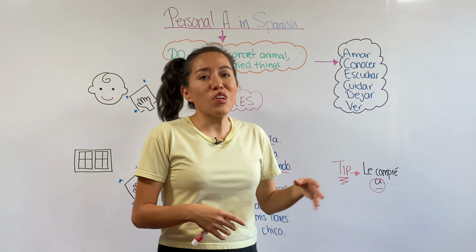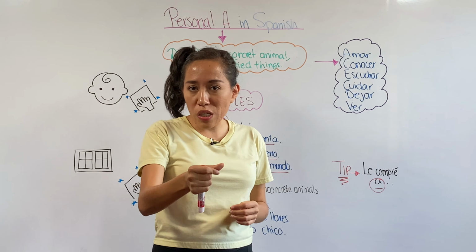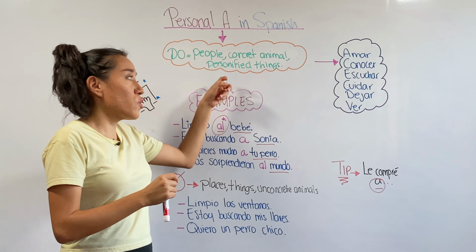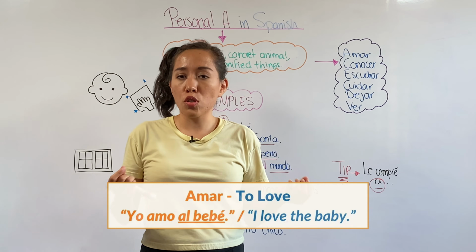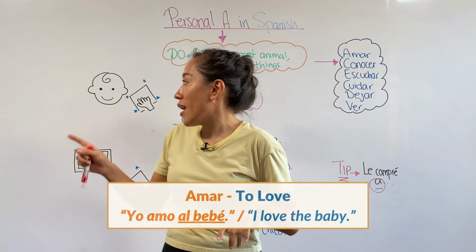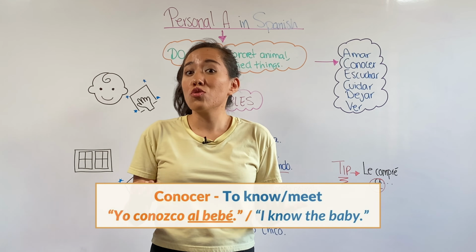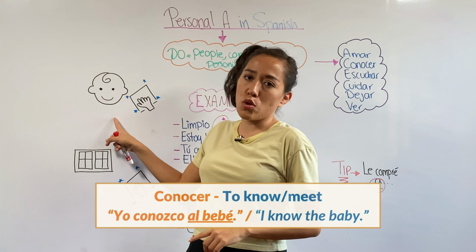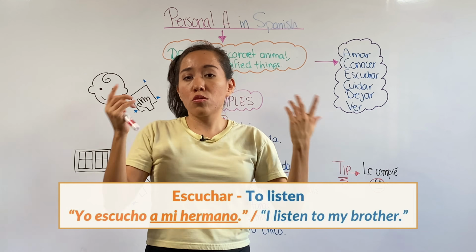So now that you know this, let me give you some verbs that usually trigger personal a when talking about people and animals. Amar, to love. Yo amo al bebé. I love the baby. Conocer, to know or to meet. Yo conozco al bebé. Escuchar, to listen.